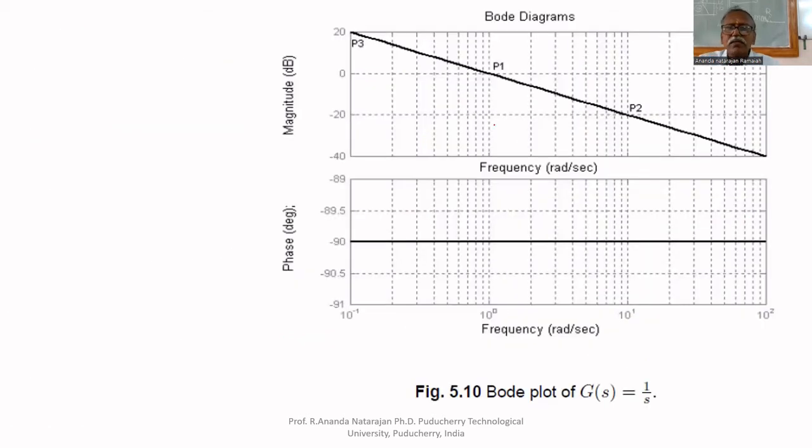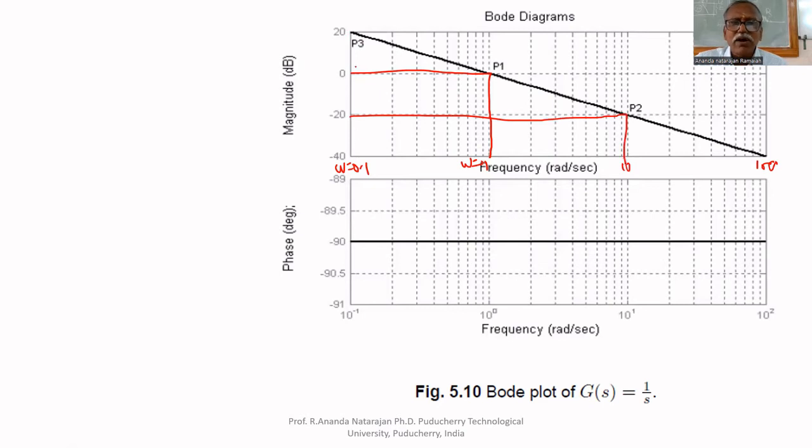Suppose you see that this is omega equal to 1, here omega equal to 0.1, omega equal to 10, omega equal to 100. So the magnitude, when omega equals 1, is 0. When omega equals 10, you get minus 20.